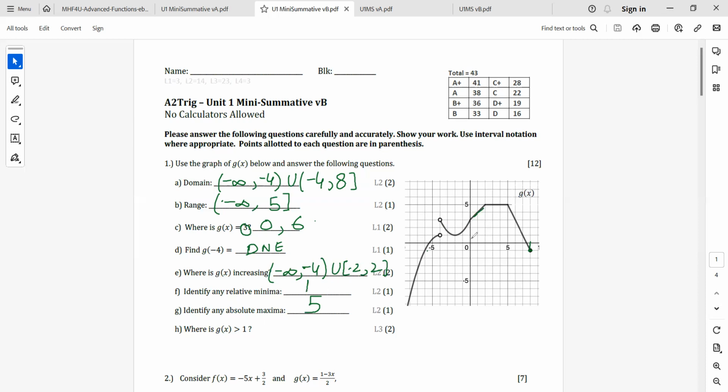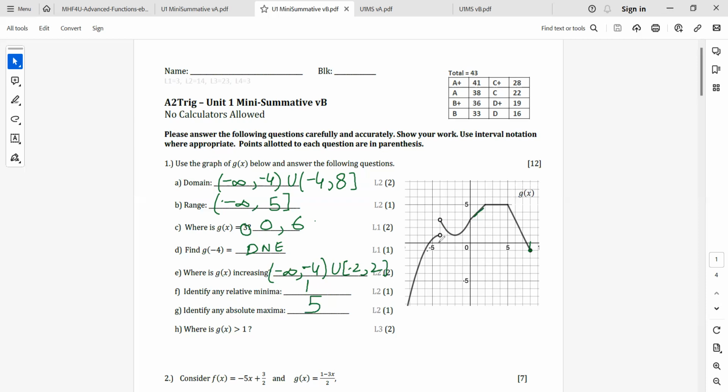Which one will it be where g of x is greater than 1?